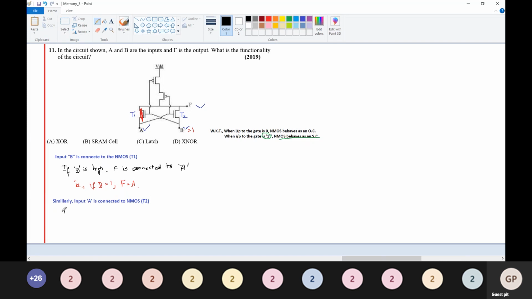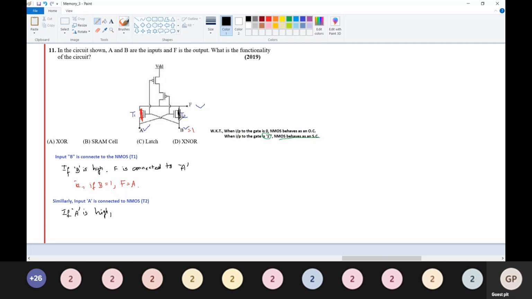Okay. Similarly, if A is high, what happens?